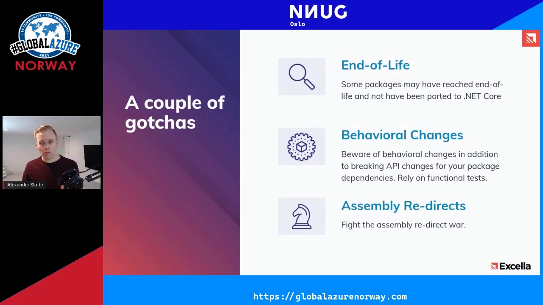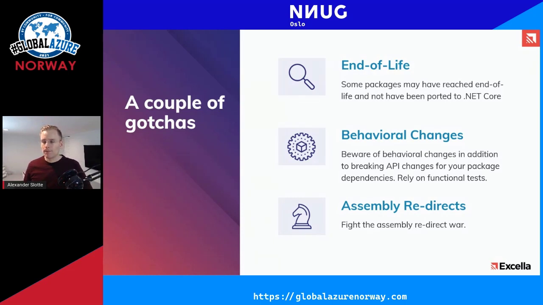And I'm sure you'll run into similar scenarios where something you're using today will not be there in the future. So if you are already thinking about doing this, have a look at what packages are supported in .NET Standard 2.0, and whether that's going to be feasible for you, or if they migrate over. The second thing I want to talk about is behavioral changes.